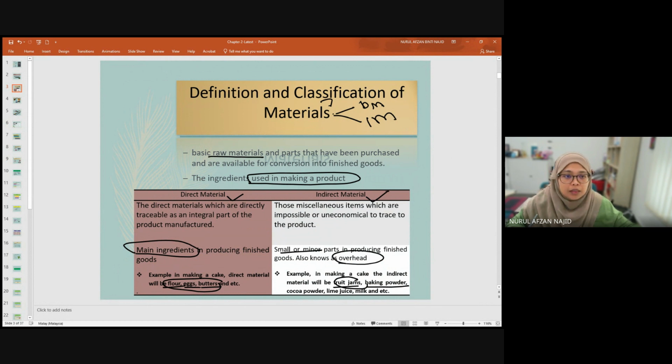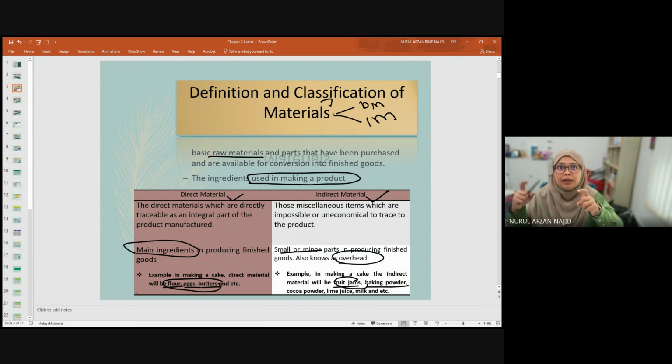Satu biji kek berapa gram flour yang diperlukan. So you nampak benda tu sangat traceable, directly traceable to the product. But in terms of fruit jams, baking powder, cocoa powder, lime juice, milk and so on, dia macam not directly traceable or uneconomical to trace to the product.